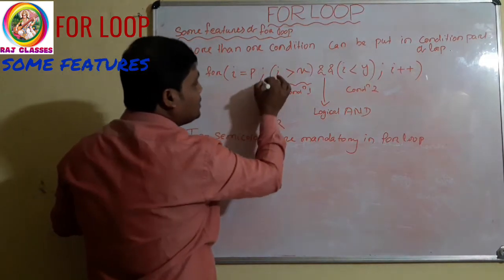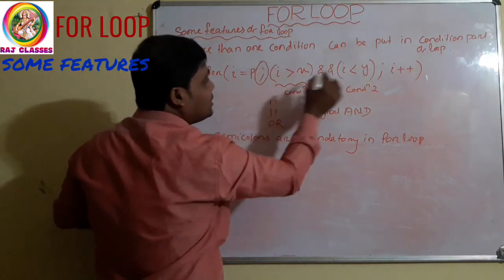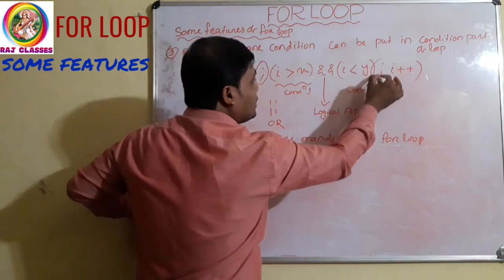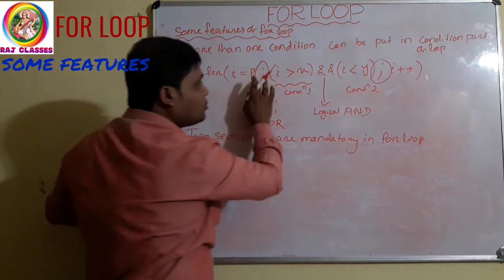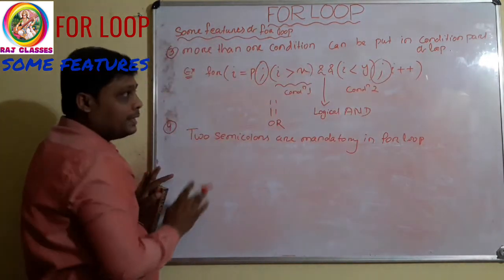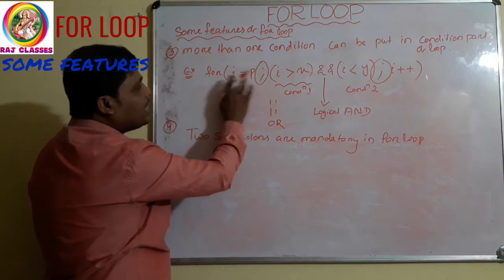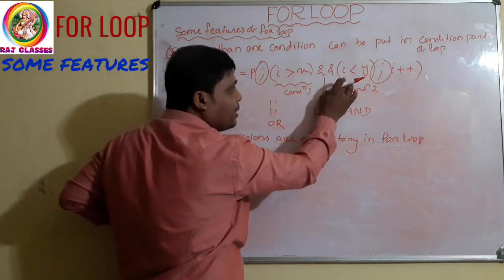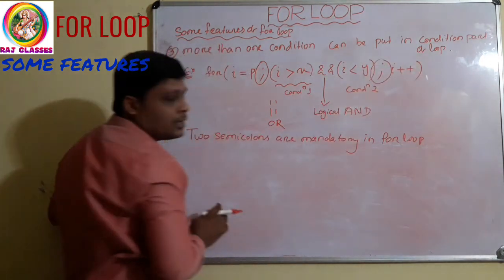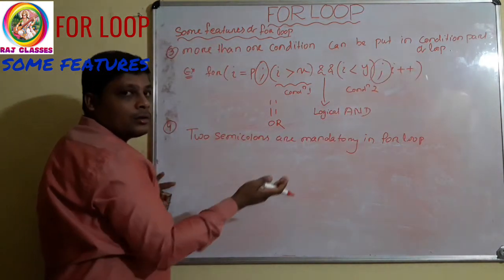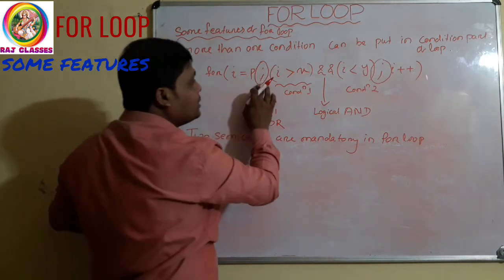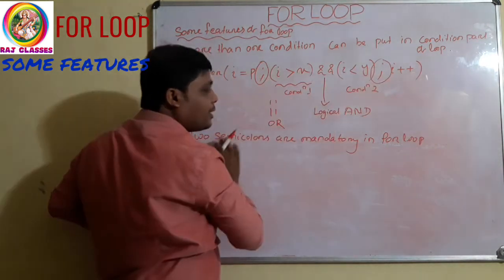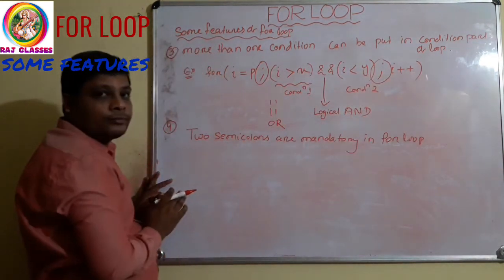That means this is one semicolon, this is another semicolon. Clear? These two semicolons are mandatory. You may write this initialization statement, you may write this condition statement, or you may write this increment or decrement statement or not. But these two semicolons are mandatory in for loop.